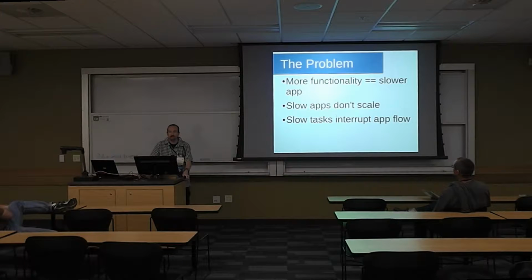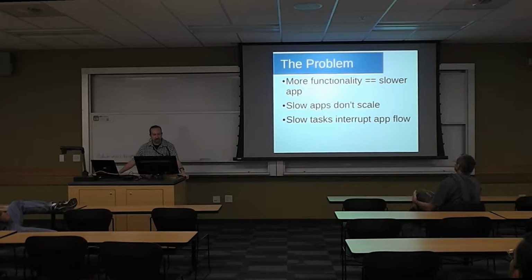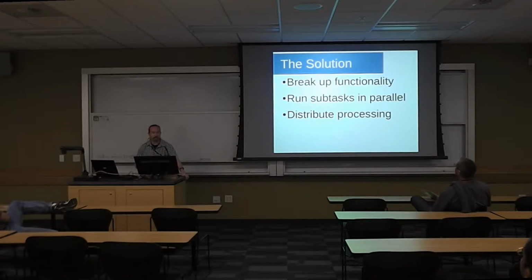It's something that's probably going to be printed in fortune cookies before too much longer. But it is a good reminder that if we allow our applications to get slower and slower, our ability to use them at large scales is going to decrease more and more. So we don't want that.